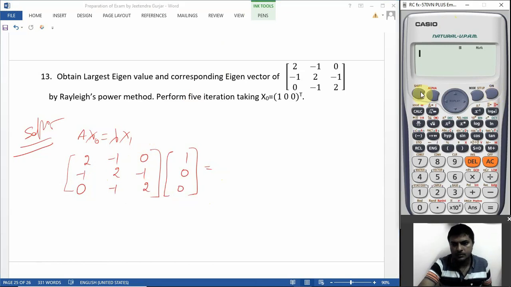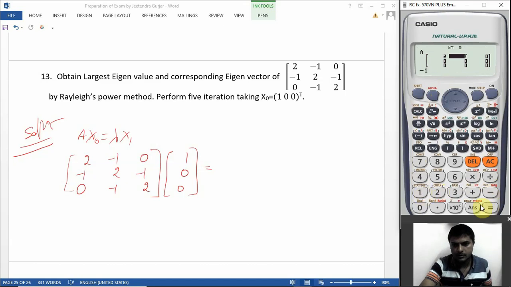So again go to shift 4, 1, 2. Remember this, students, very important. Next I am going to take the value 3. Substitute here 1 equal to, 0 equal to, 0 equal to.